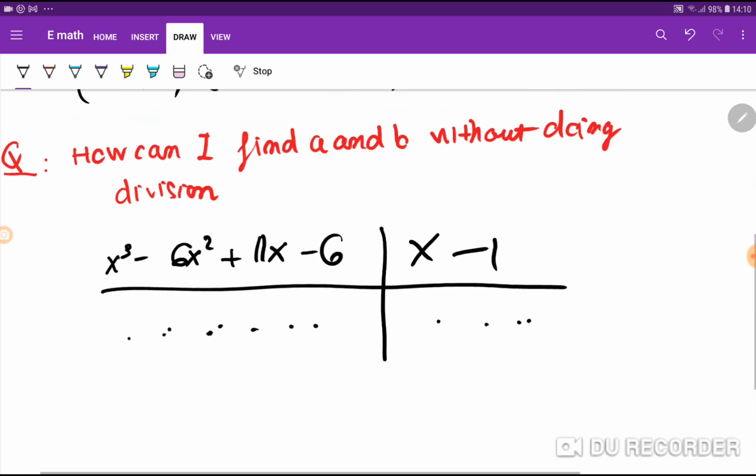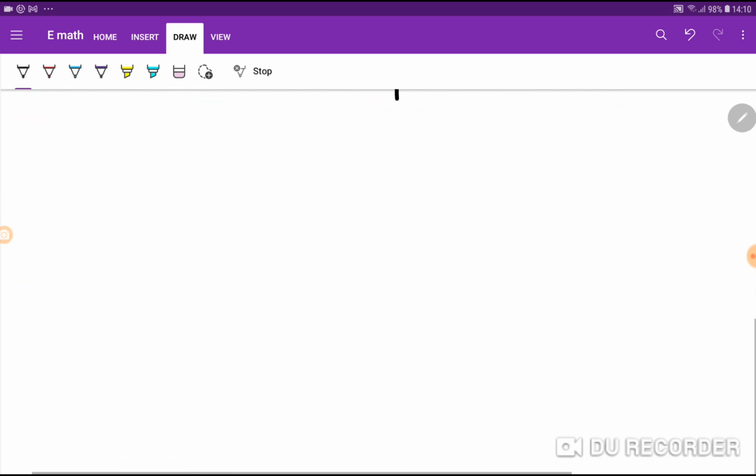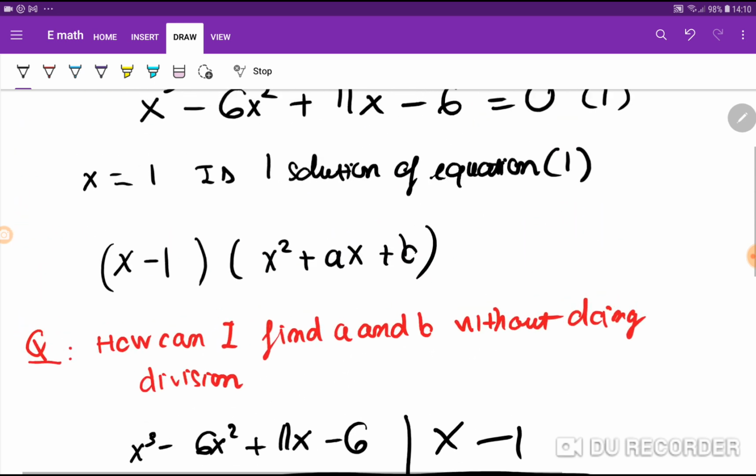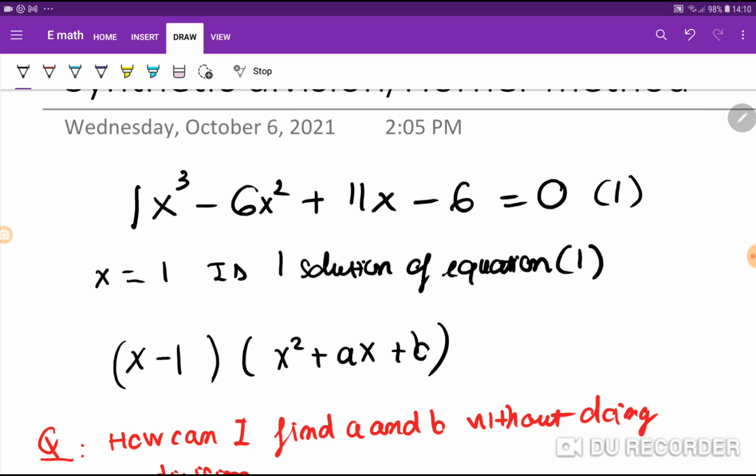Okay, so how are you going to do this? You know the coefficients of equation 1 from left to right are 1, negative 6, 11, negative 6, right? Let's check, because we have 1x cubed minus 6x squared plus 11x minus 6.